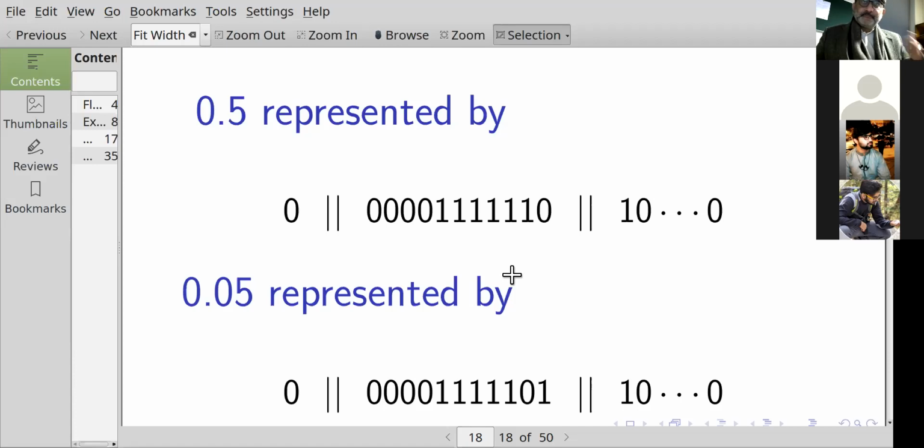So I'm going to take the smaller number, and I'm going to make its exponent the same as the one for the larger number. And then I have to do the compensating thing for the mantissa.